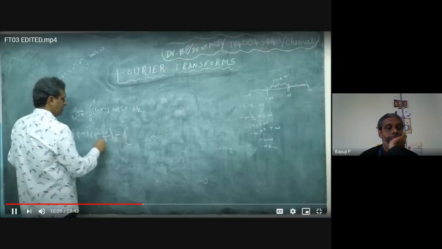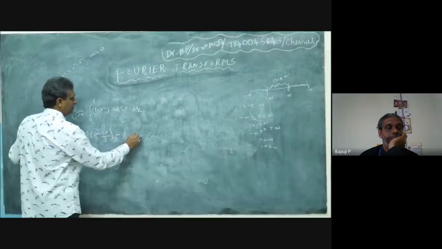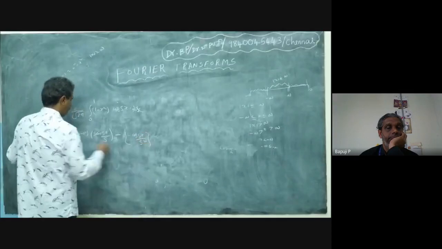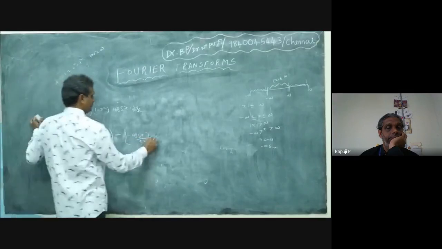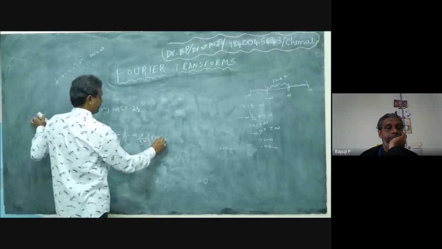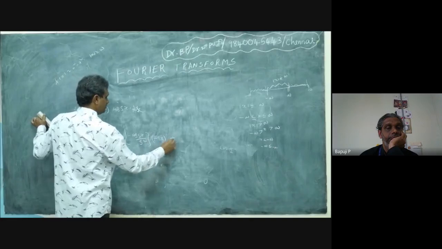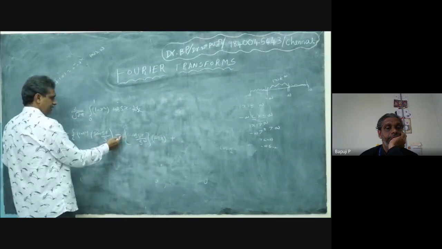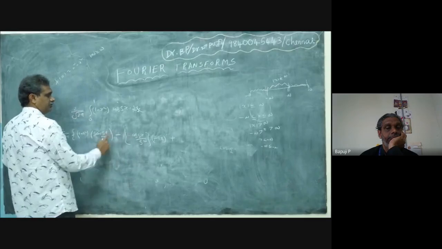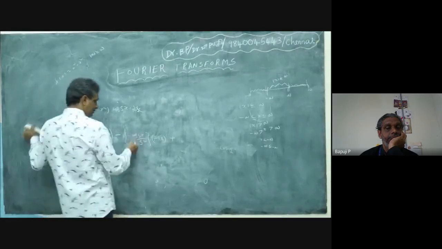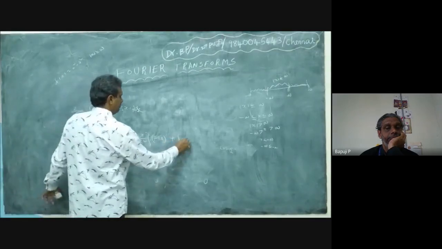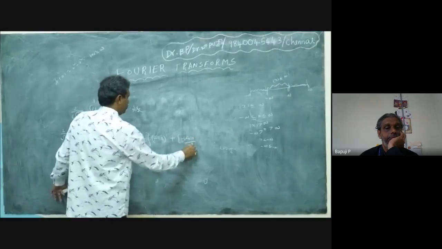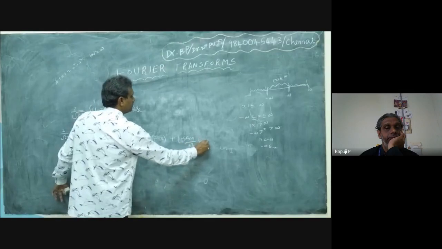Cos sx integration gives minus cos sx by s square. Then 1 minus x square differentiation is minus 2x plus. See, you don't simplify till applying the limits, it is a very dangerous position. Minus into minus, don't write plus. Then again minus cos sx integration gives minus sin sx by s cube. This is minus 2.